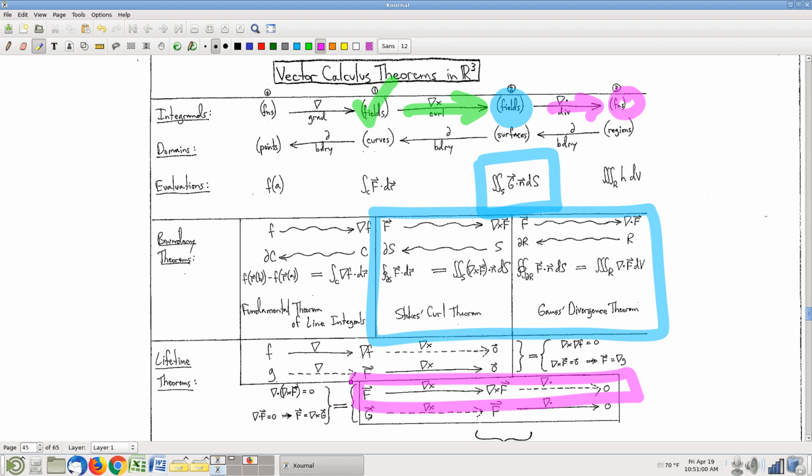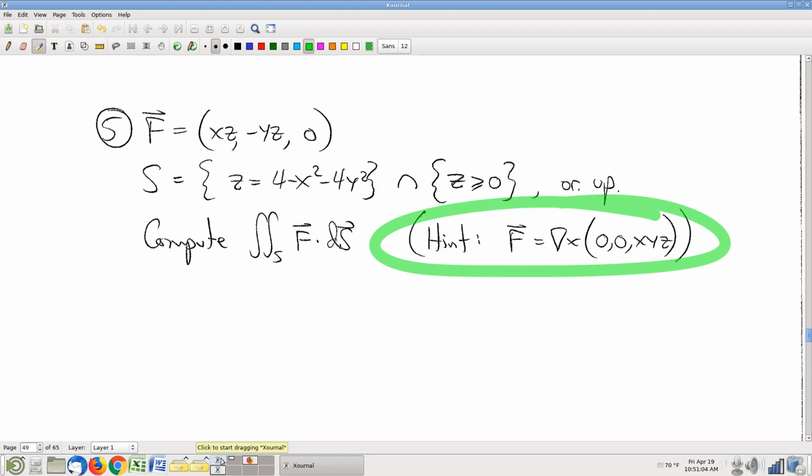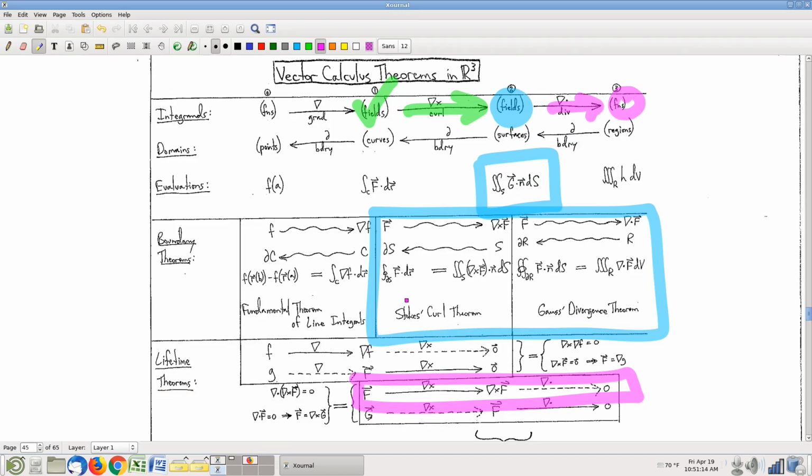Okay, so sweet. Not only is there an anti-curl, but we know what the anti-curl is. The anti-curl is given. So that means that Stokes' curl theorem is on the table. And that's an actual possibility. I could rewrite this question as a line integral.